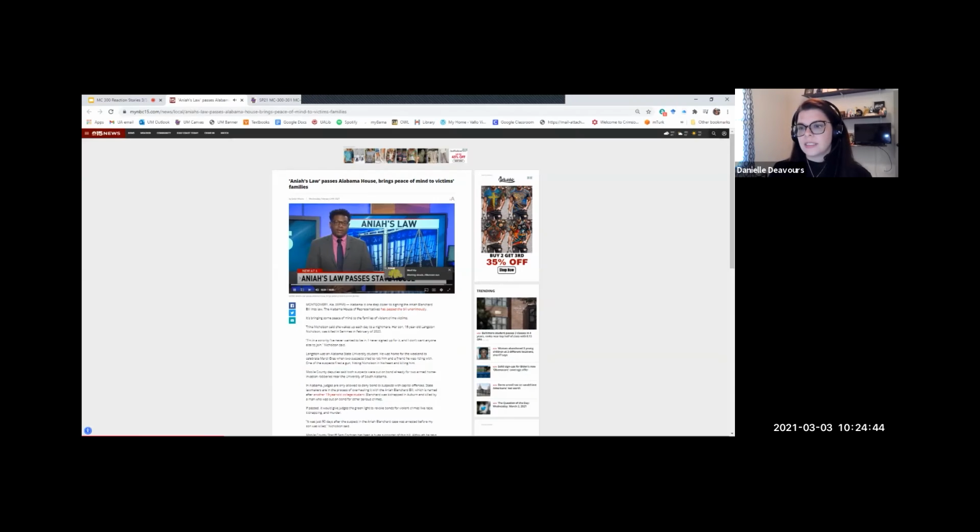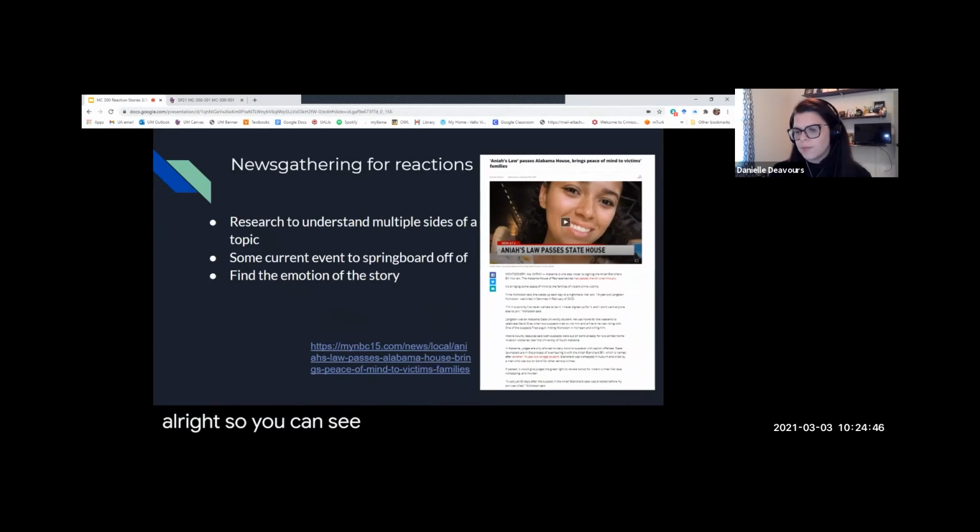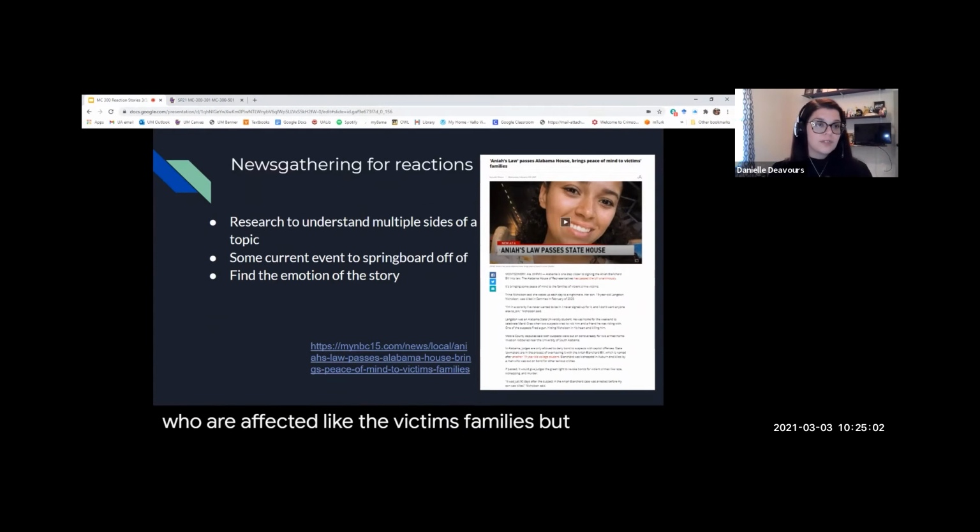All right, so you can see from that example that they take the facts of this bill and where it's at, and they present multiple perspectives, not only from people who are affected, like the victims' families, but also the expert of a sheriff.